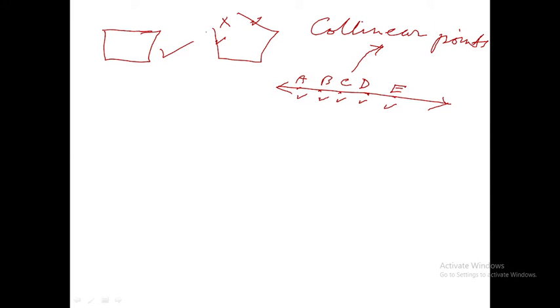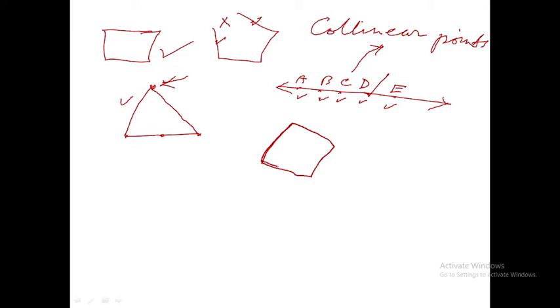Now, out of these 4 points, I am taking till D. Okay. Out of the 4 points, if 3 of the points are collinear and one point is not collinear, this is the point which is not collinear, then we get a triangle. Okay, and when 3 points do not lie on a straight line, we get a quadrilateral.